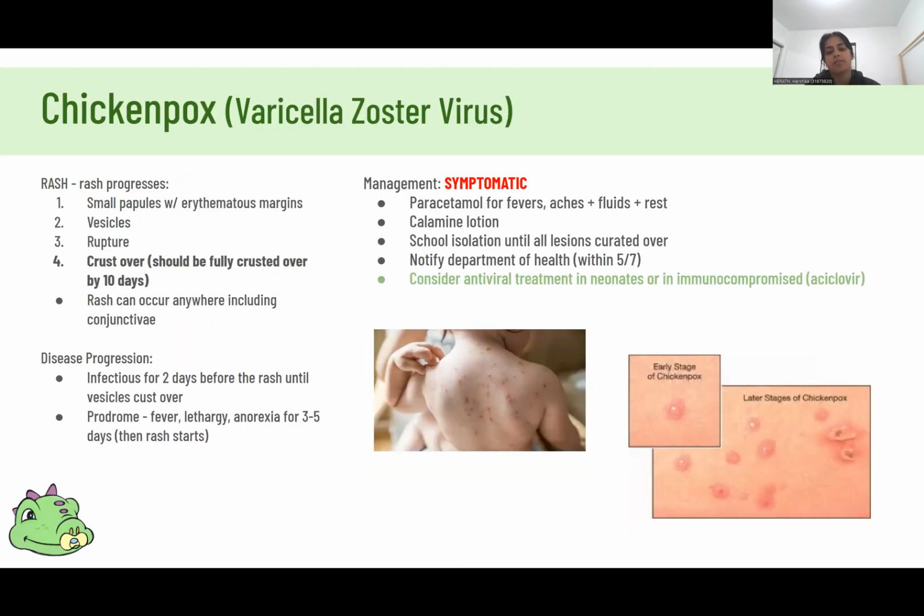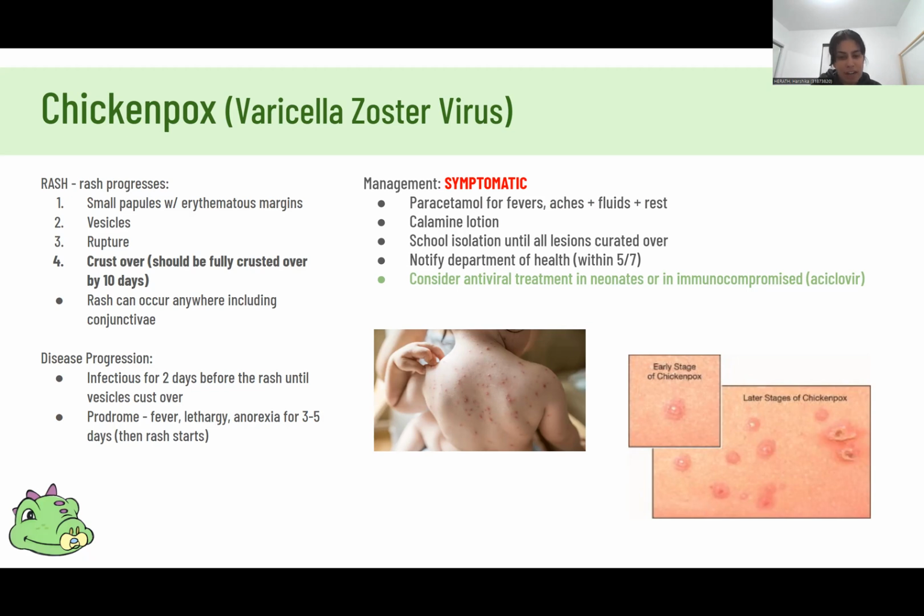So varicella zoster virus is essentially a vesicular rash that forms. First, it'll start off like small red bumps, then they'll become the vesicles. Then those vesicles rupture. Eventually, they crust over, and then the rash will disappear.